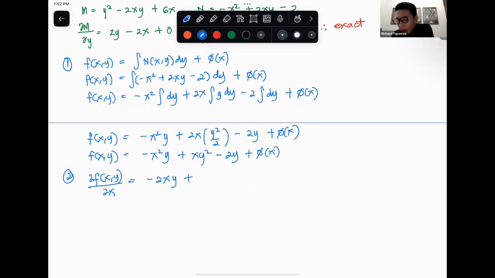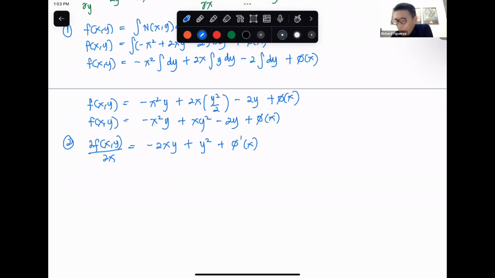Here, the derivative of x is 1, times y squared, it's just y squared. And the derivative of negative 2y, since that is a constant, becomes 0. And then plus p prime of x.